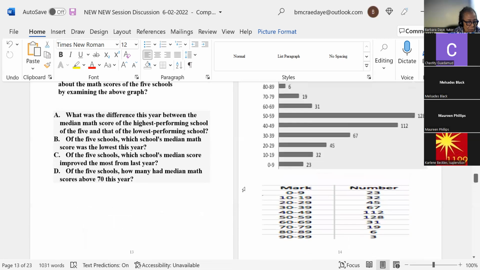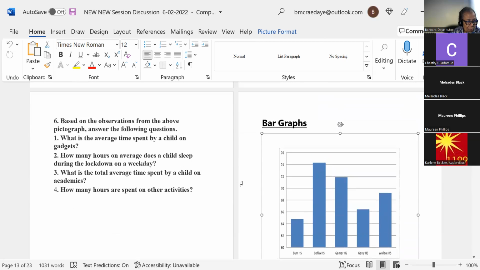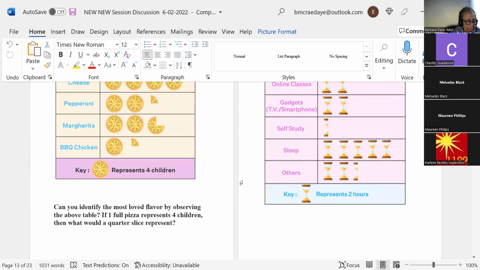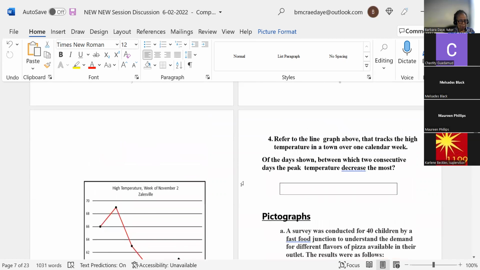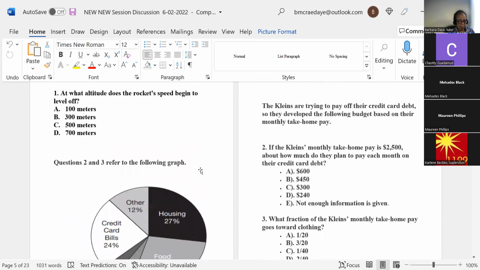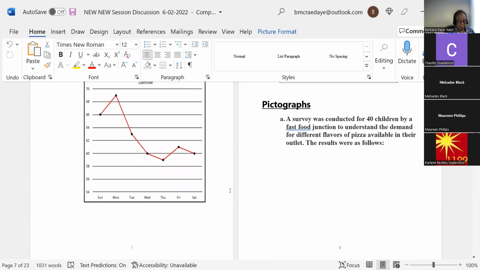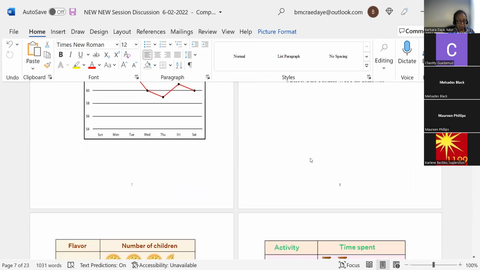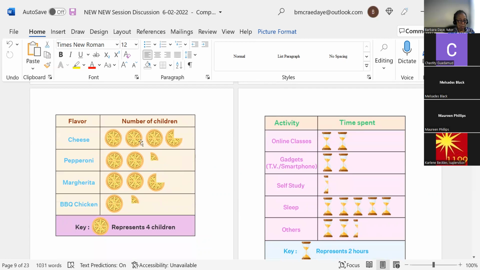I know we didn't go through it in detail, but I think we went through it enough that you can probably answer some questions on a line graph, a circle or pie chart, or a pictograph. If I gave you something like this, you could put these in order as to who preferred what.